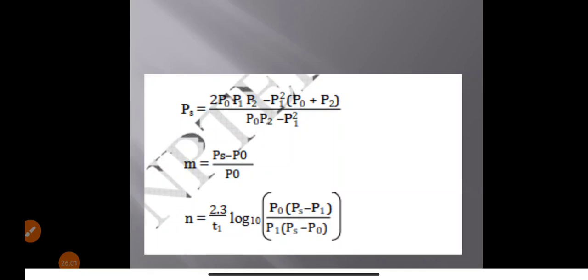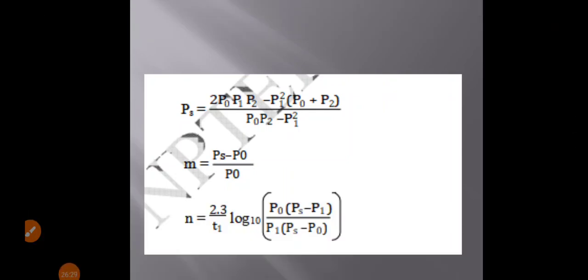So this gives the M value. And N is equal to 2.3 by T1. T1 is 10 years. So 2.3 divided by 10 into log of P0 into PS minus P1, divided by P1 into PS minus P0. So this is the formula. You have to remember these formulas.